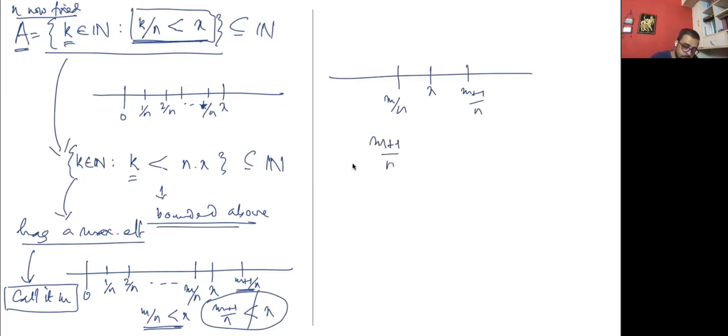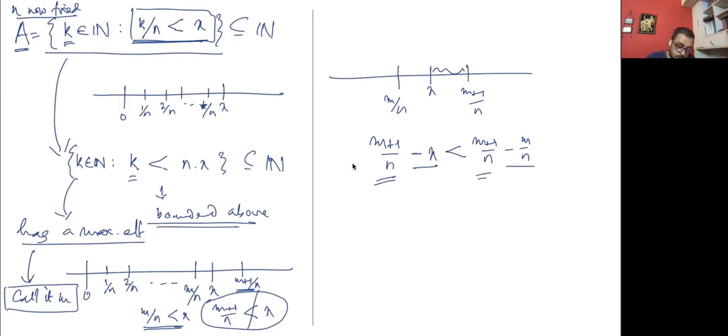Now, m plus 1 by n minus x, this distance is less than m plus 1 by n minus m by n. You can derive this using basic properties like: a less than b, c is a third element, so a plus c is less than b plus c.